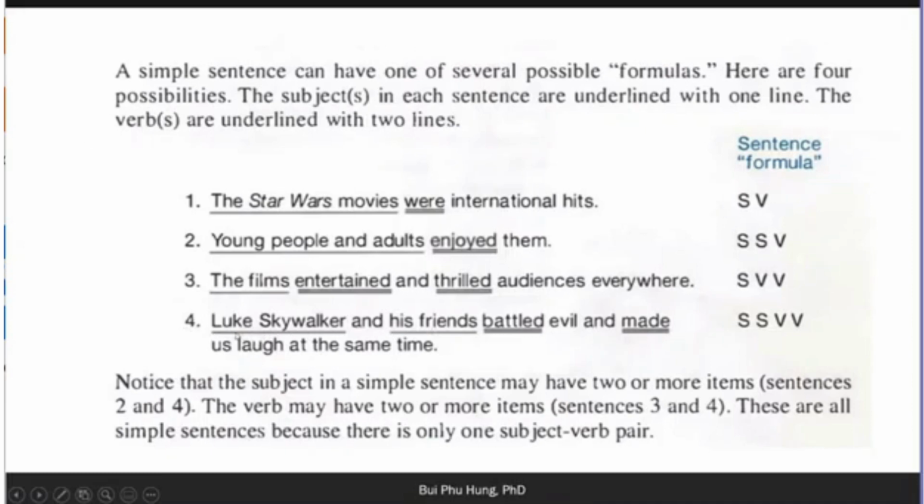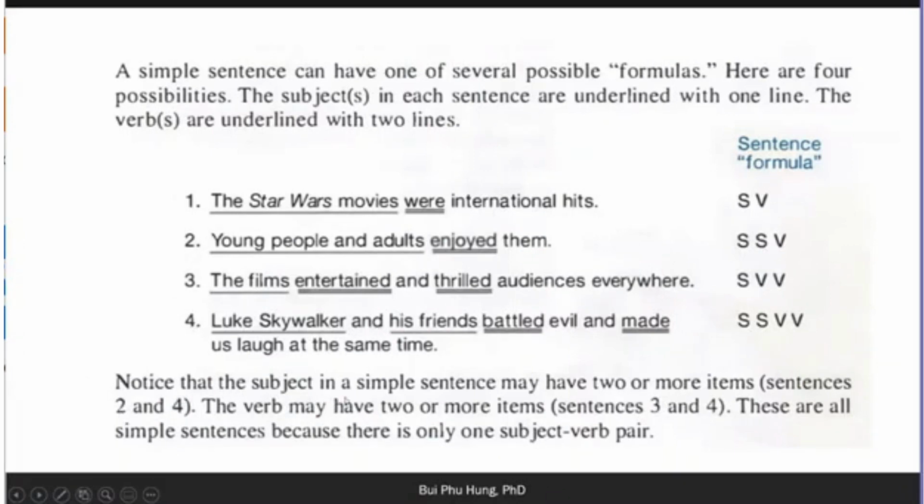The two subjects, Luke Skywalker and his friends, are connected by and, and the two verbs, battle and made, are also connected by and. So when a sentence has two subjects or two verbs, we can use and to connect them.